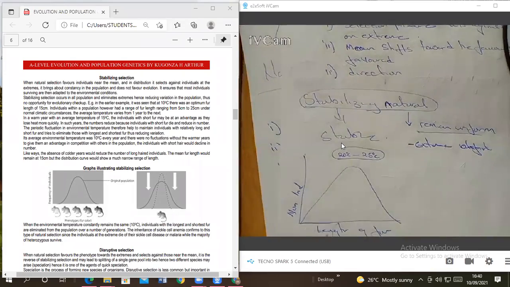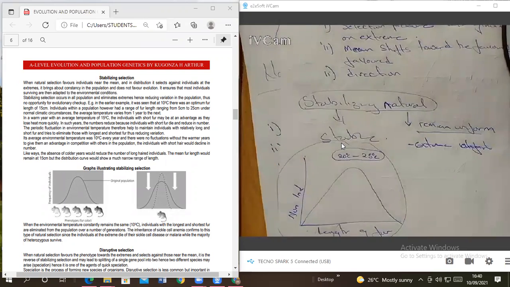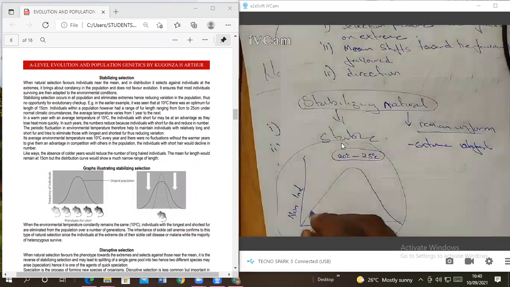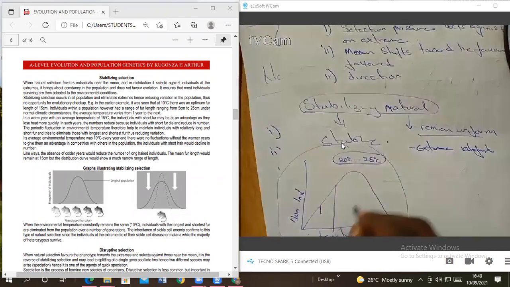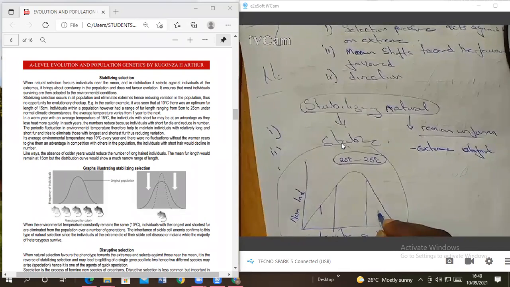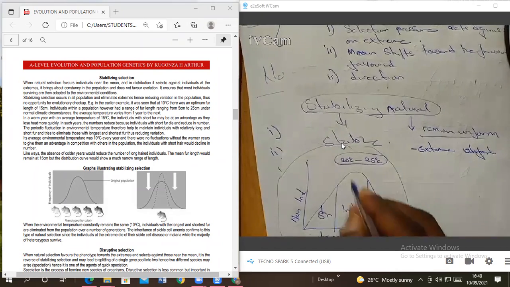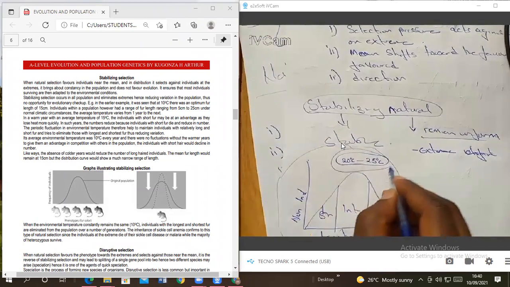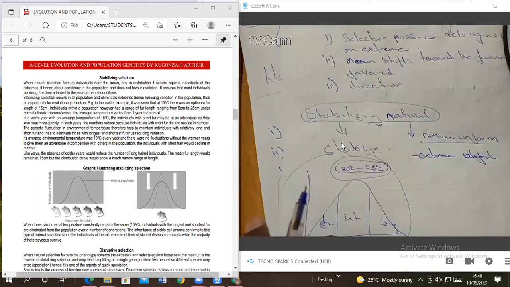Like an example, this is the graph I have before selection occurs. I have the short up to here. These are intermediates. Then this is long, intermediates, short. Now, the environmental conditions remain at 20 degrees Celsius to 25 for a long period of time.